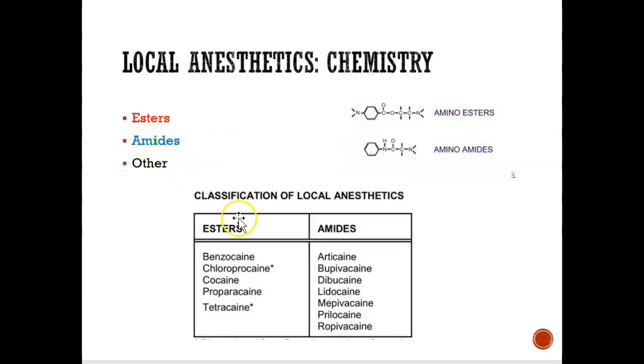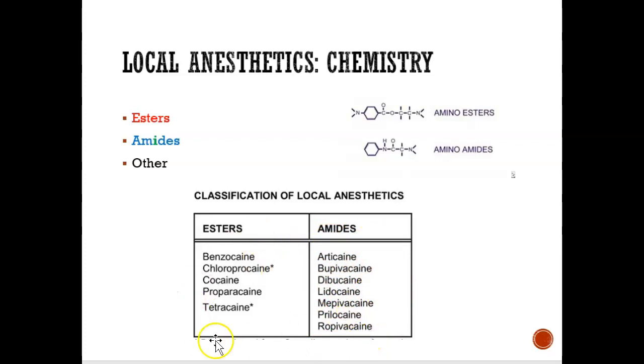The reason that's important is that to distinguish an amide from an ester, if you look at the names of the local anesthetics, you'll see that there's always an I before the cane in the amides, right? So all these medications have an I before the cane. Articaine, the I is before the cane. Lidocaine, the I is before the cane, and the same with all the remaining ones listed over here.